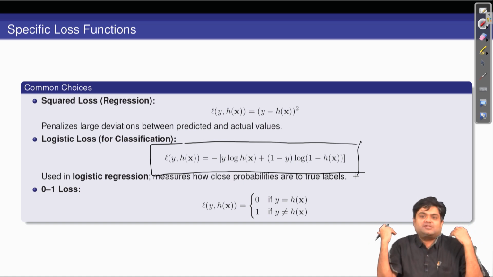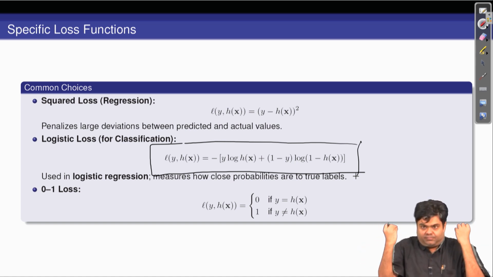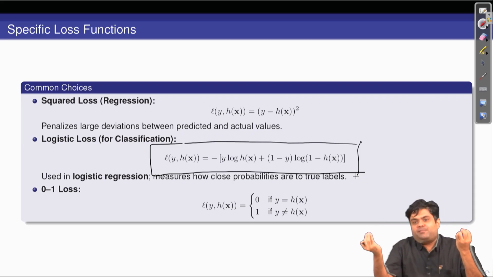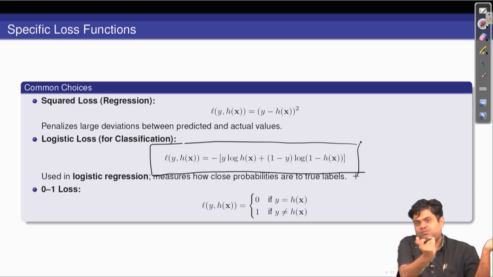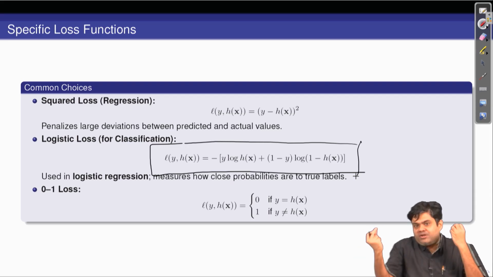To estimate some population parameter, you remember you were looking for the value which maximizes the likelihood. There were two approaches we saw so far. One was ordinary least squares, where you are looking for the population parameter which minimizes the least square error, so it minimizes the loss.